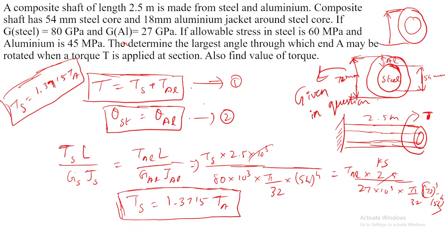So after this, when we substitute in this first equation, we will be getting T aluminum equals 0.422 of T, and T steel equals 0.578 of T. Solve this, one minute.